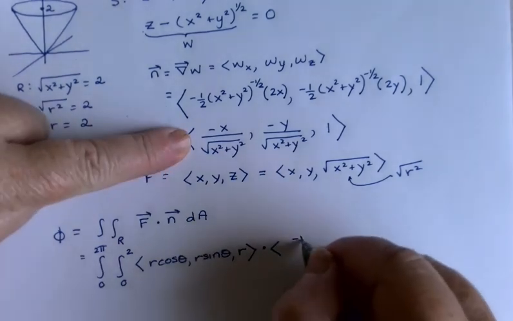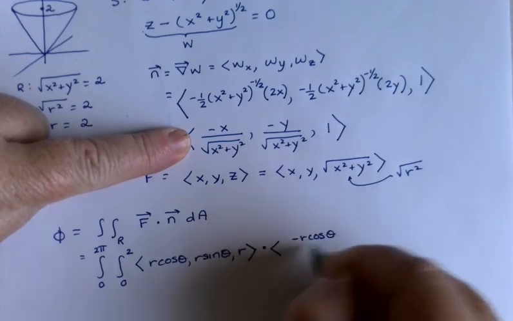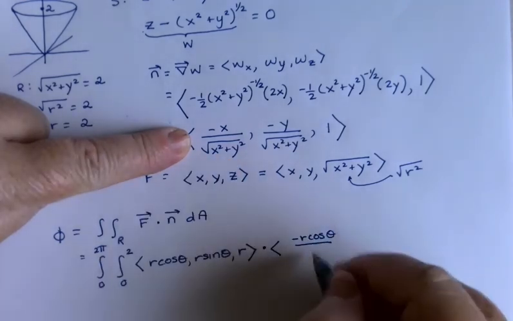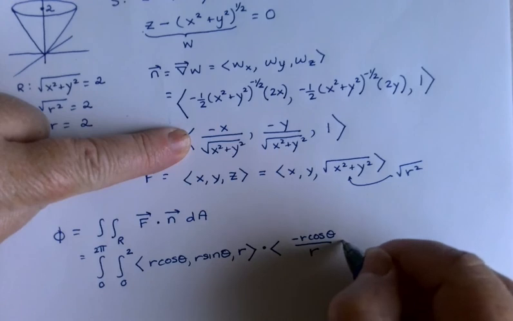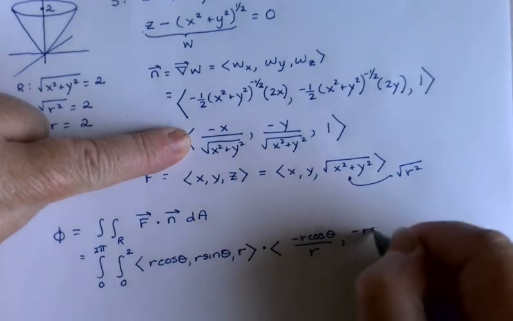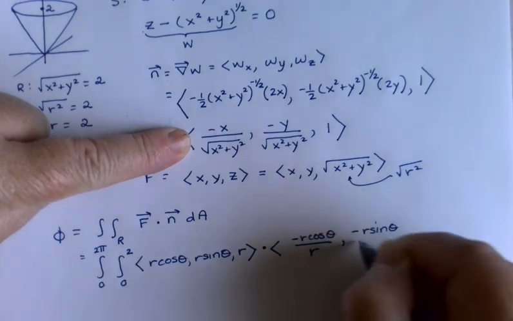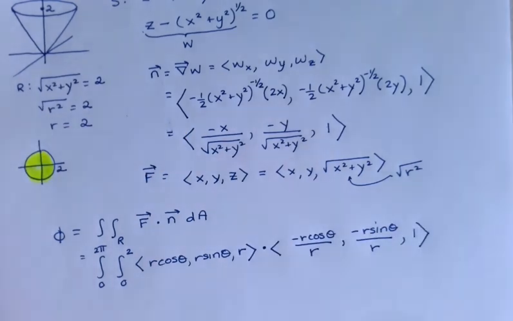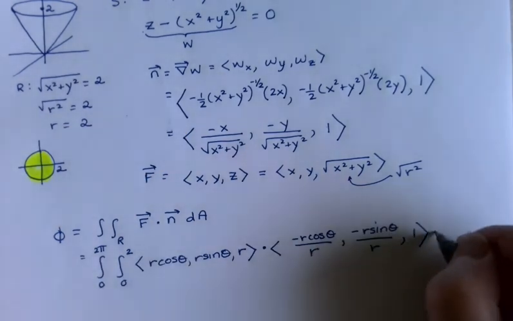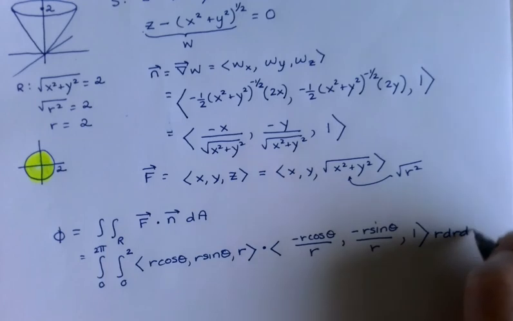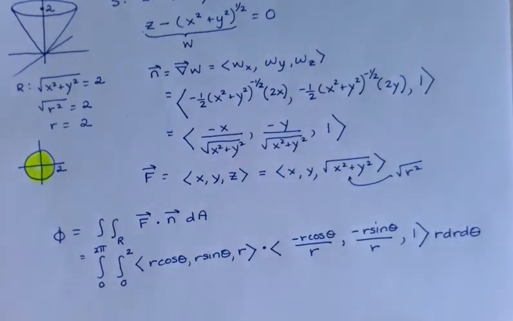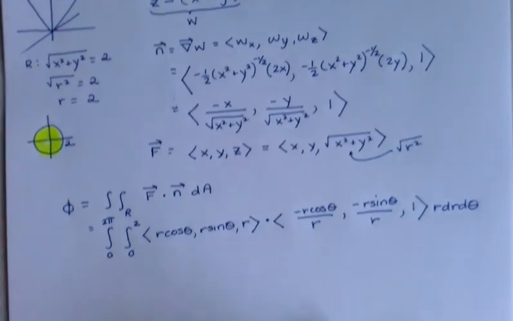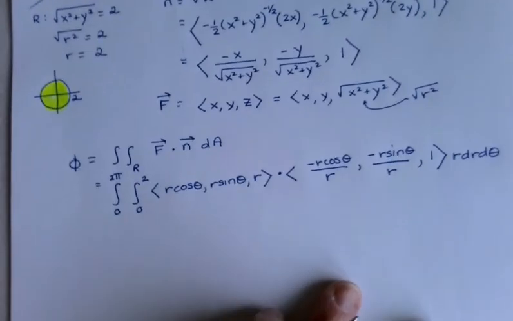That'll be a negative r cos theta, and same reasoning, that denominator is just r. And a negative r sine theta, denominator is just r, comma 1. Polar coordinates, so dA is r dr d theta. All right, all set up.